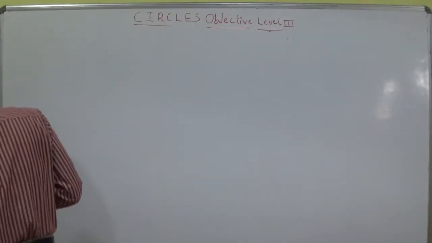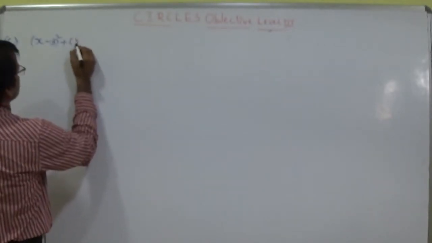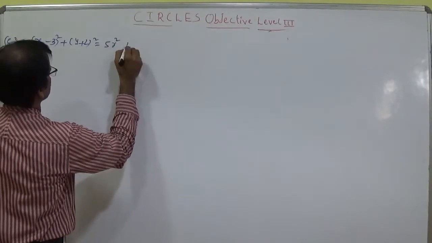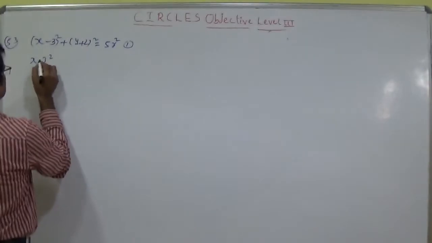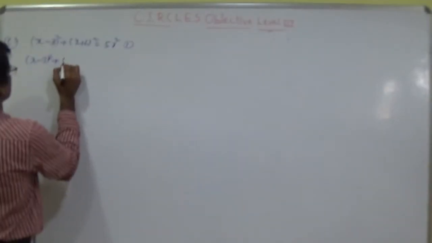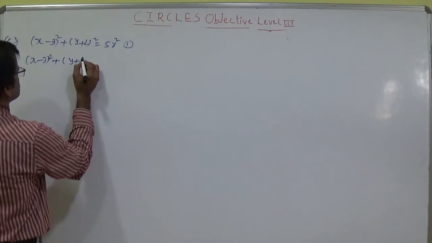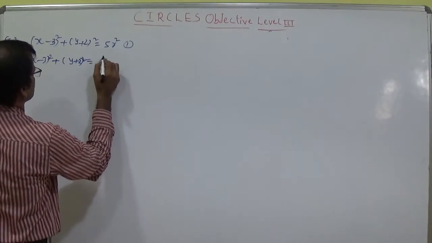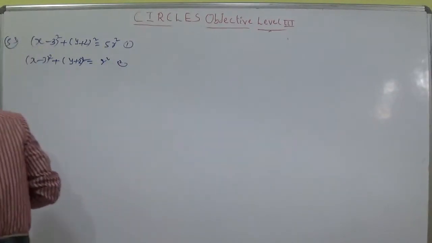The length of tangent from any point on the circle (x minus 3) whole square plus (y plus 2) whole square is equal to 5r square, it is the first circle, and (x minus 3) whole square plus (y plus 2) whole square is equal to r square, this is the second circle.